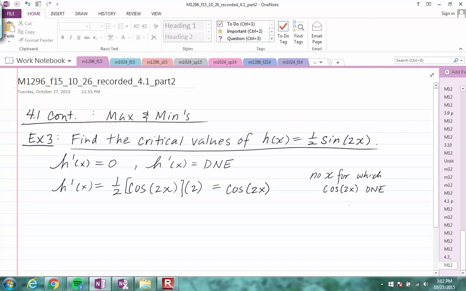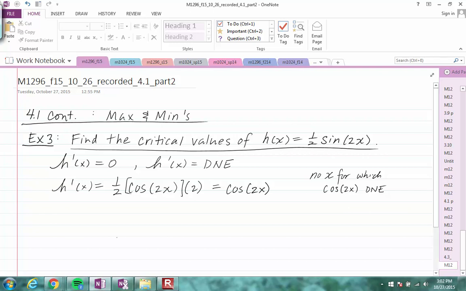Cosine of 2x is just a transformation of cosine, and it's just got a little bit shorter period. Other than that, it doesn't have any discontinuities or anything weird going on.